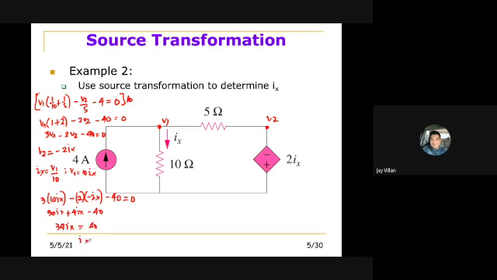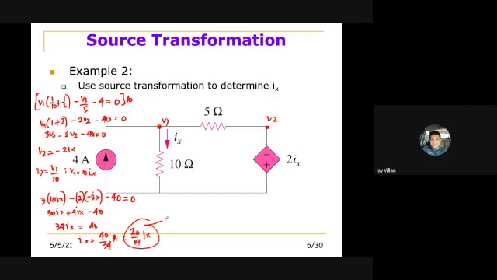Then Ix is equal to 40 over 34 amperes. Simplify, divide by 2. This is 20 over 17, which is the same as the one we solved earlier. Correct? Yes, sir. So that is 20 over 17.